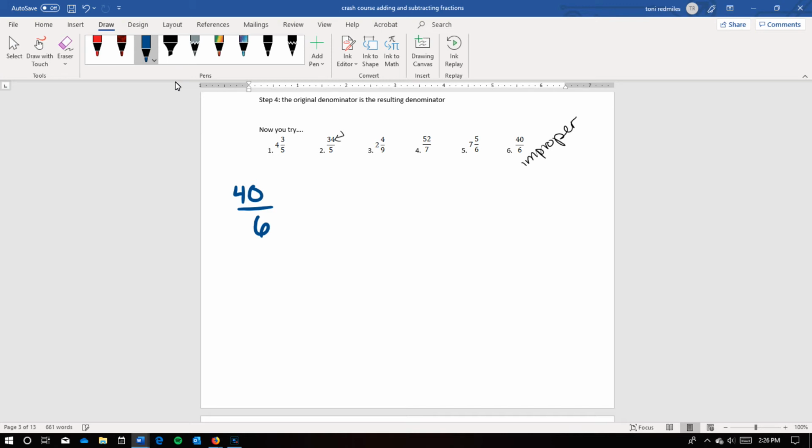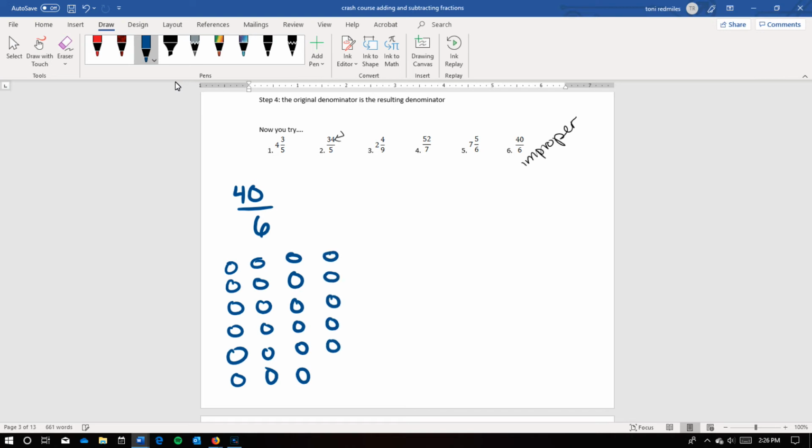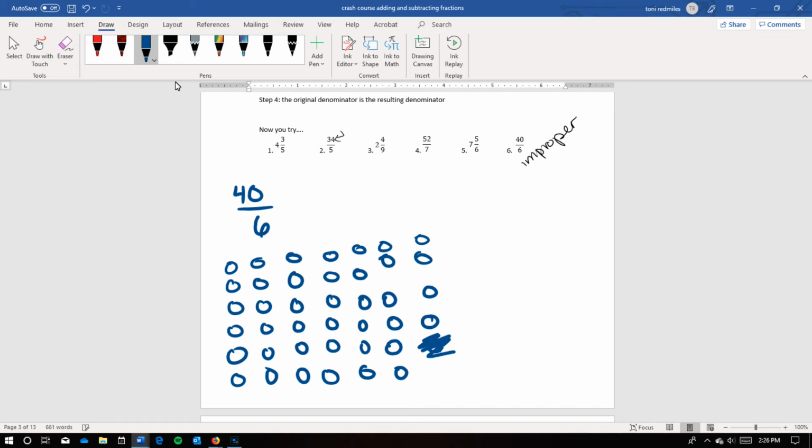Alright, so to turn this into a mixed number: 1, 2, 3, 4, 5, 6, 1, 2, 3, 4, 5, 6, that's 12, 13, 14, 15, 16, 17, 18, 19, 20, 21, 22, 23, 24, 25, 26, 27, 28, 29, 30, 31, 32, 33, 34, 35, 36, 37, 38, 39, 40. Okay, so I have 40 Skittles and 6 go in a bag.